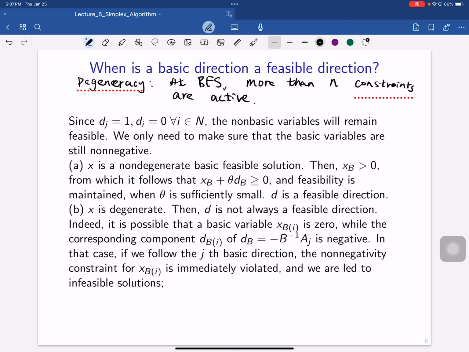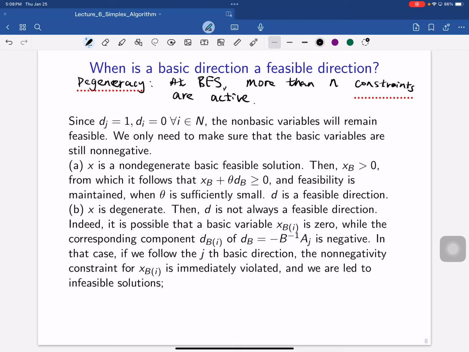And then we have m equality constraints, right? So if some of the basic variables are also 0, then you have additional constraints that are active besides those n constraints you have picked. Then this problem is degenerate.